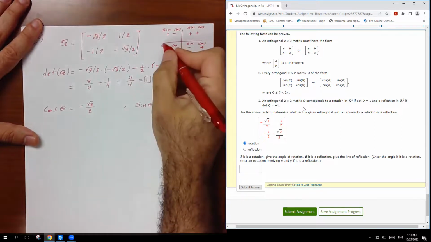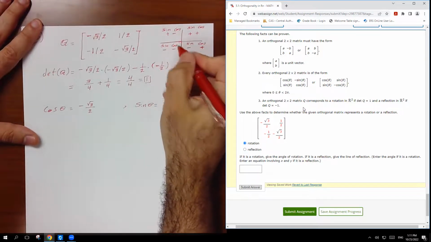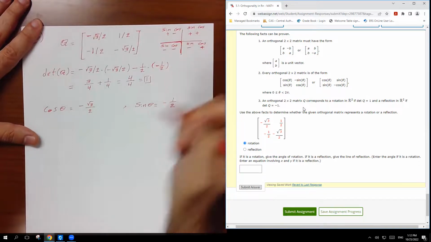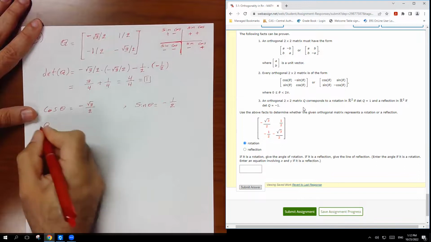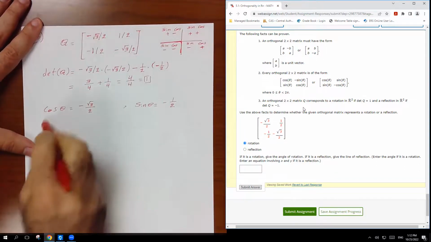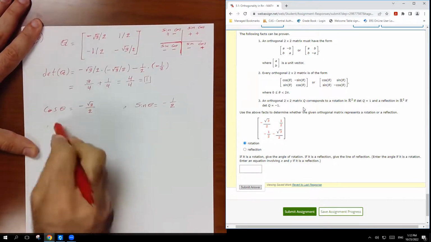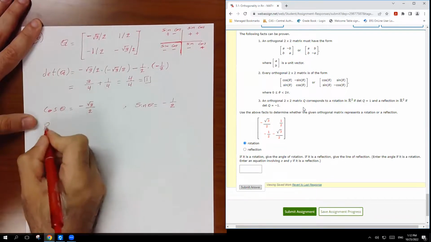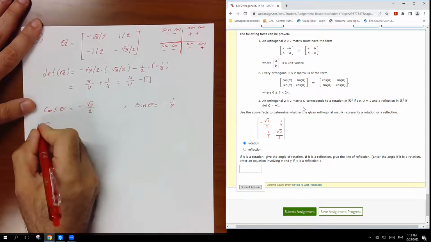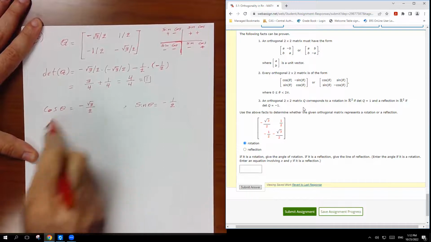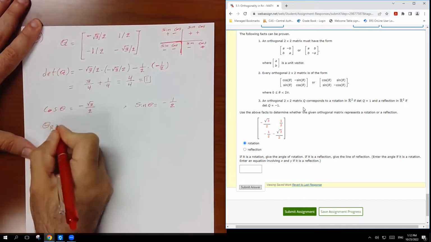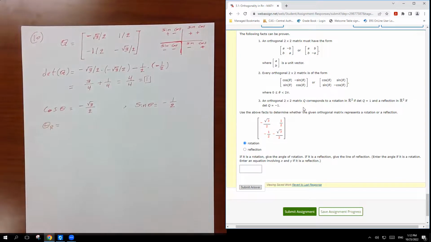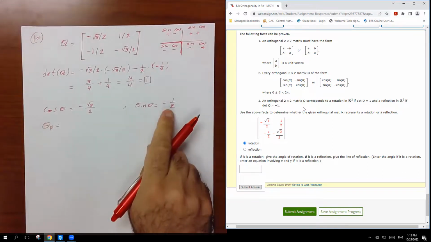That means our angle is in this quadrant. So our reference theta is going to be, let's check, the theta for which the sine equals negative half or half.